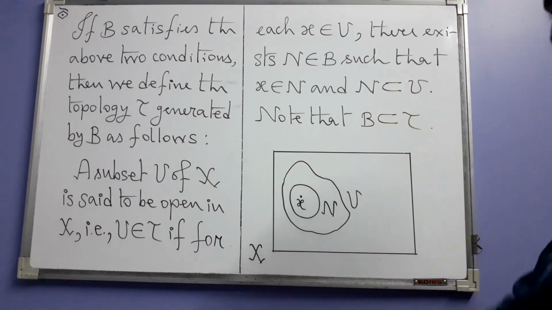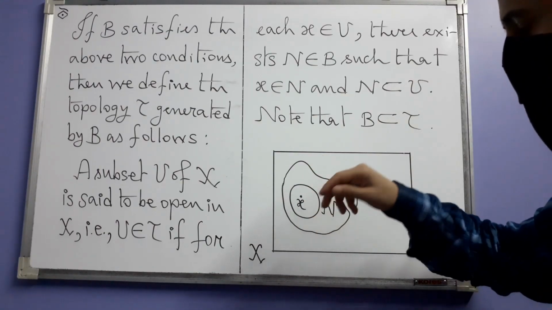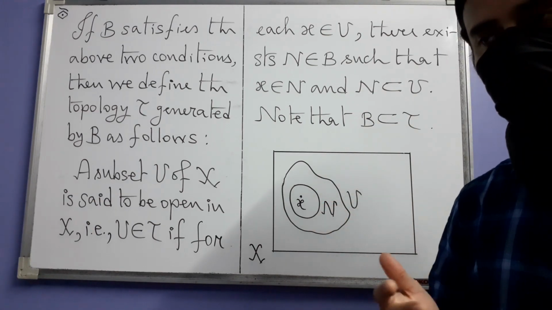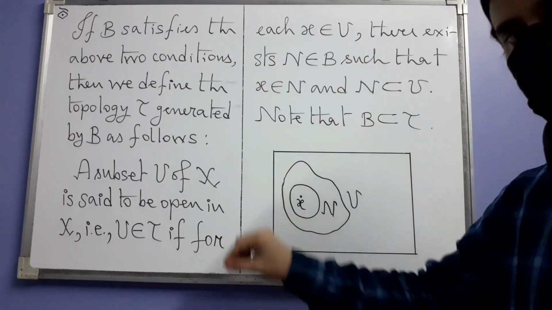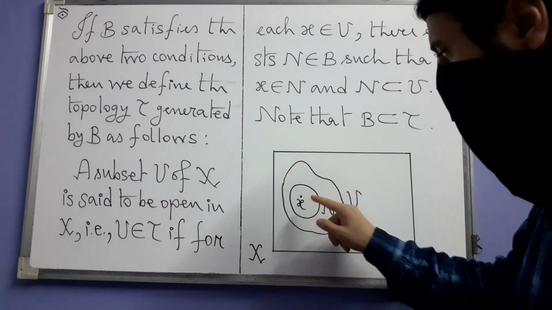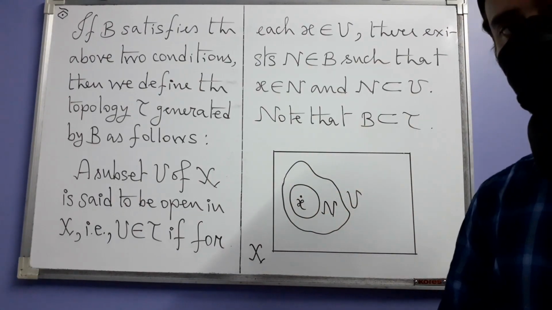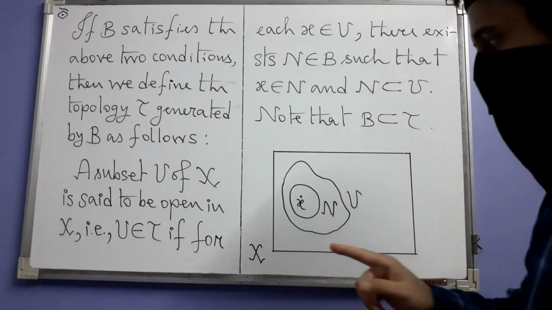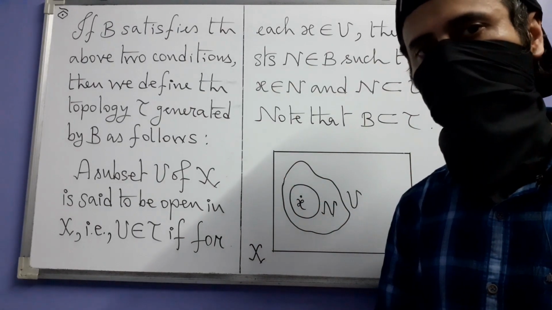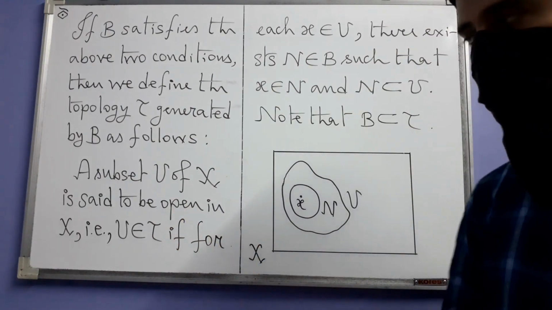That N itself should be entirely contained in U. Maybe the N that this x belongs to is not a subset of U. You may get some N's which contain that x as an element, but none of them is a subset of U. If you encounter at least one such point in U, then by this condition U will not be open. So it will not be an element in the topology.